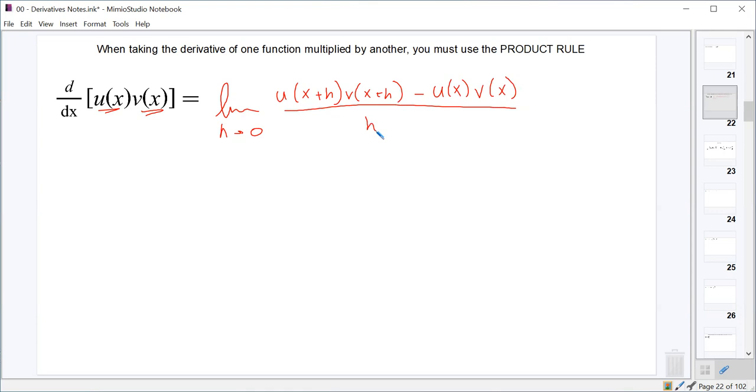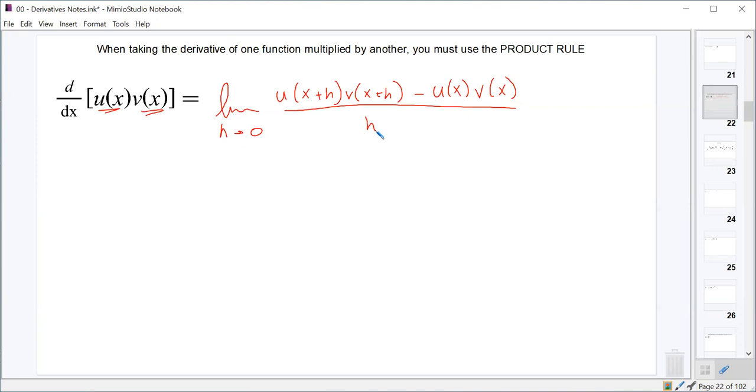Right? Because that's the limit definition of the derivative. F of x plus h minus f of x all over h. So we just evaluated both functions at x plus h, evaluated them both at x, found the difference between them, and divided by h.